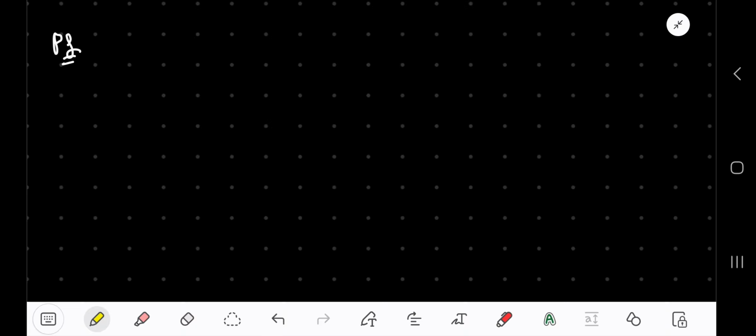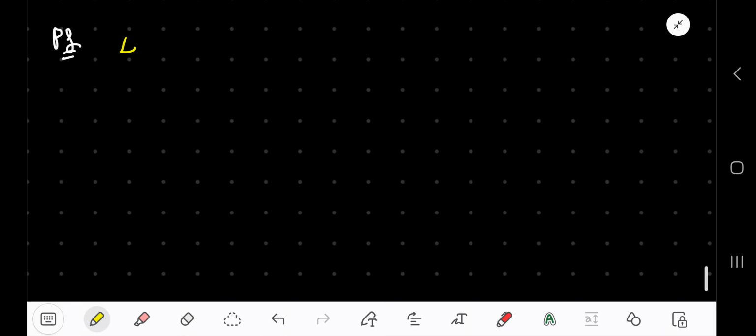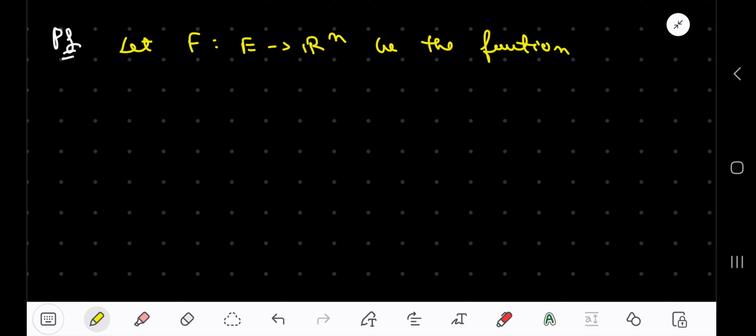Okay, so let's prove it. So we will actually try and use the inverse function theorem. Let capital F be a map from E to Rn, so let this be the function given by, so what we do is we construct a function which takes any n-tuple and maps it in this way.